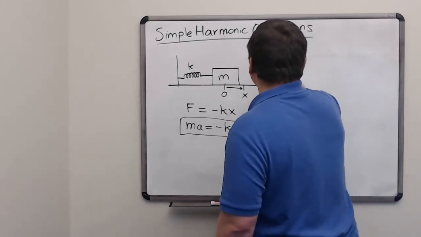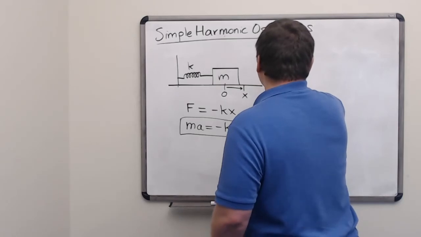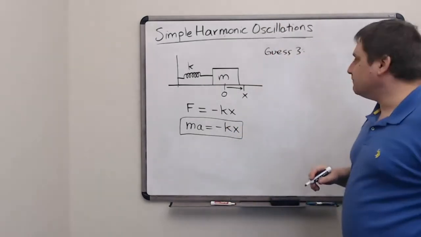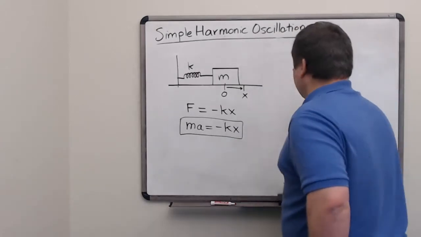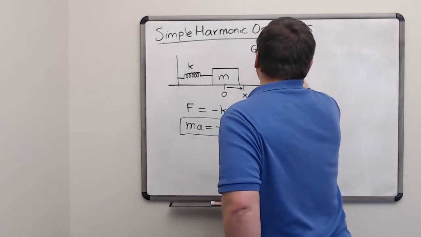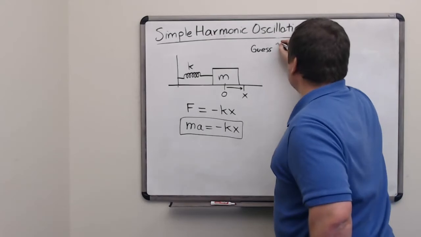But let's take what we learned from that and make a third guess now, and see if we can hit on the most general possible solution that can describe all situations in this system. All right, so guess 3.